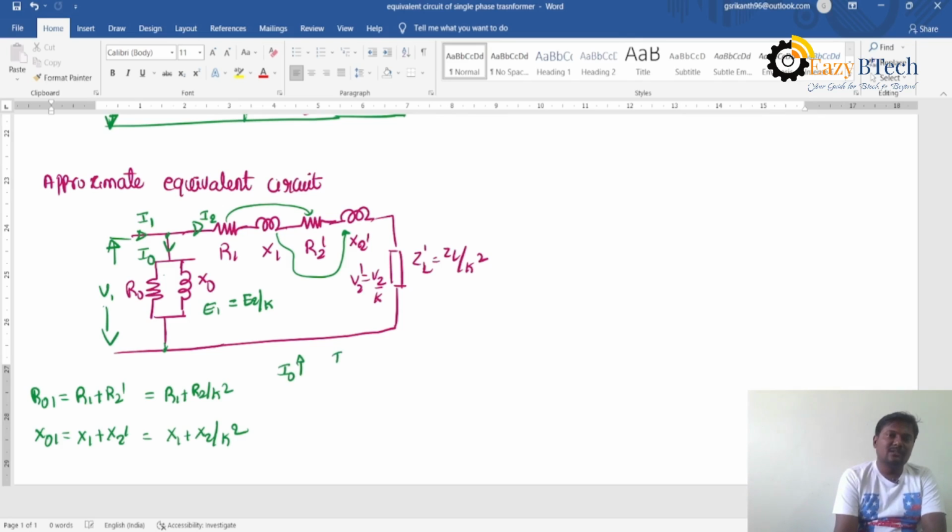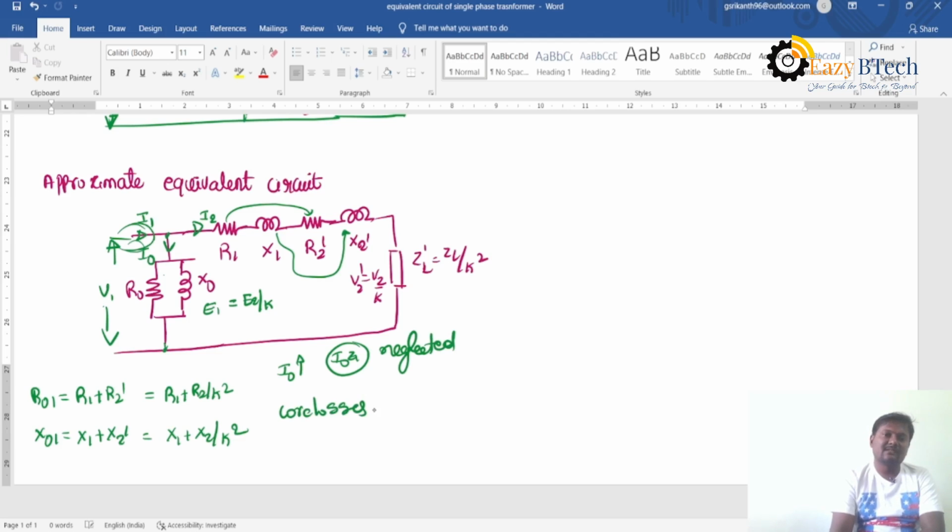I0 into Z1, this no load impedance drop, here we are not considering the Z1, that will be shifted to the right side. This no load impedance drop will be neglected. If I0 increases, the core losses also increase. If we shift the no load branch across the supply, the I0 value increases. It means the core losses are increased.